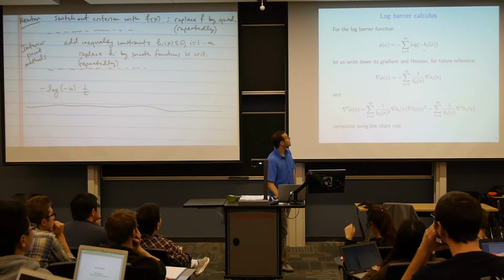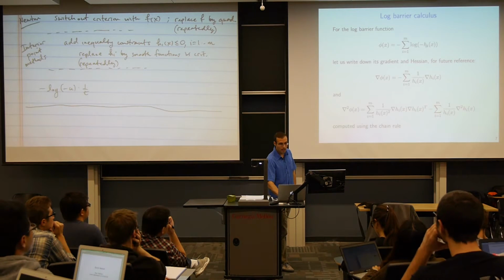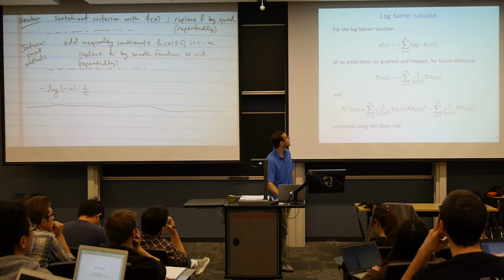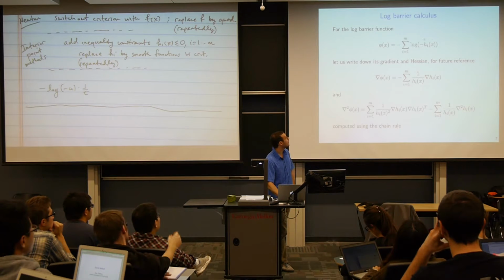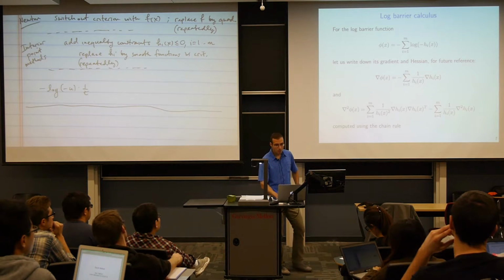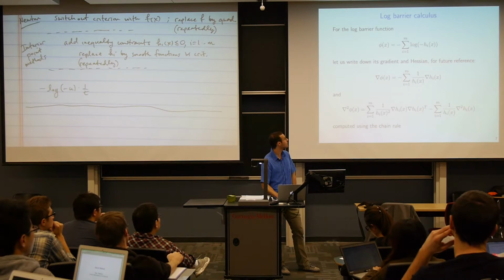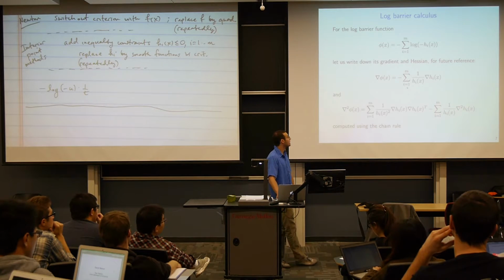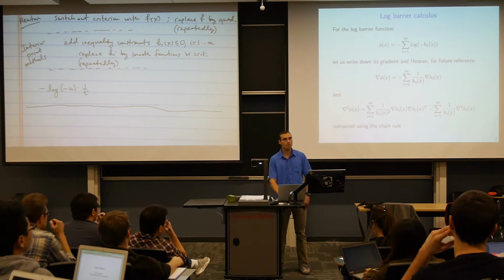The chain rule tells me this is equal to 1 over minus h_i of x, then a minus sign on the outside, times the gradient of what's inside, which gives minus the gradient of h_i of x. Summing that up, the gradient of phi is the sum from i equals 1 to m of 1 over h_i of x times the gradient of h_i of x, with a leading minus sign, because there was a total of 3 minus signs.